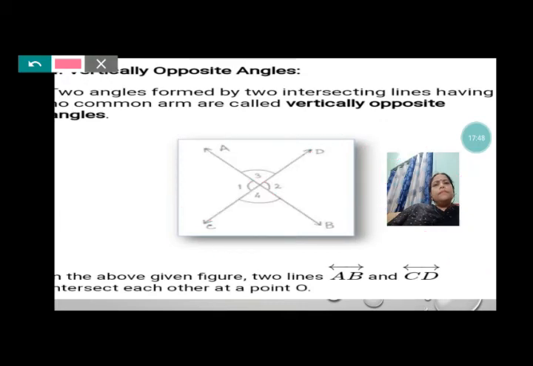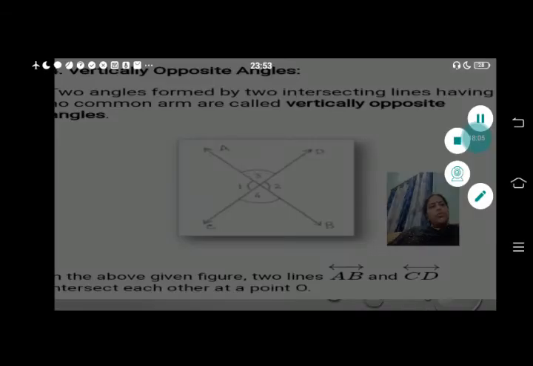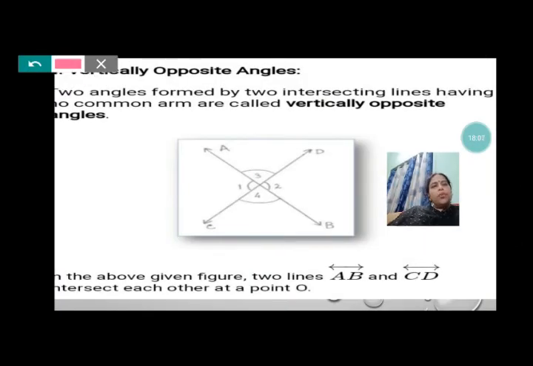Now in the above figure, two lines, line AB and CD, intersect each other at point O. Intersecting means cutting each other at point O. So this is point O. As you can see, this arrow shows a line, and as we have read before, a line extends from both sides.